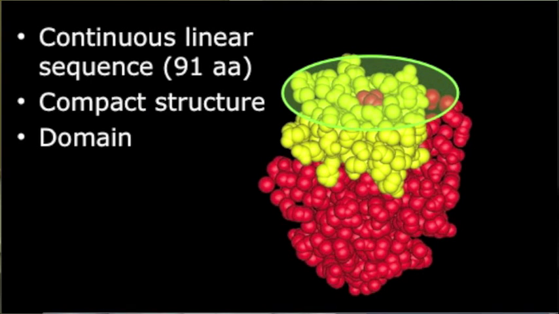So to address these concerns, we developed the genomic antibody technology. And in the genomic antibody technology, the immunogen is the size of a protein domain. That is, it's approximately on the size of about 100 amino acids. It can be larger, it can be smaller, but approximately 100 amino acids.